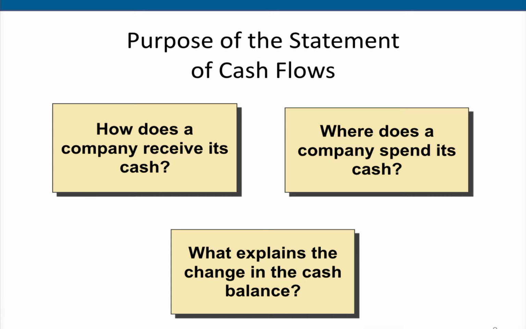So obviously that in and of itself should tell you this is really important. You don't see a statement of land flows. You don't see a statement of any other type of flows. You don't see any financial statement dedicated to one singular account except for the statement of cash flows, because it's so vital to successfully running a business.